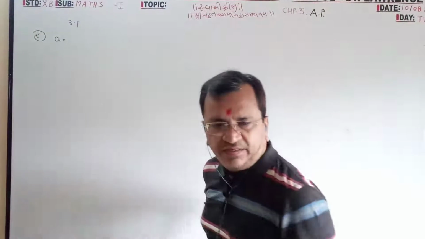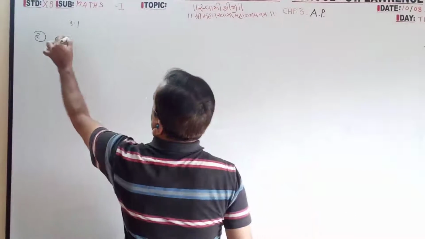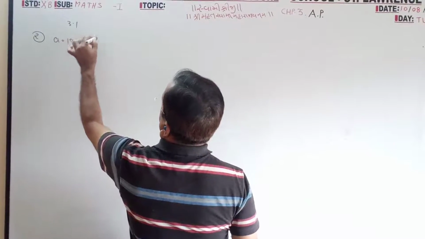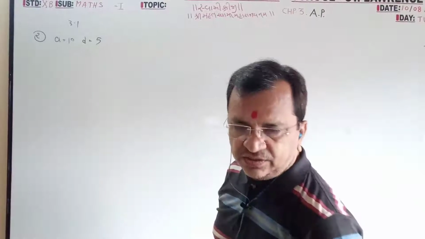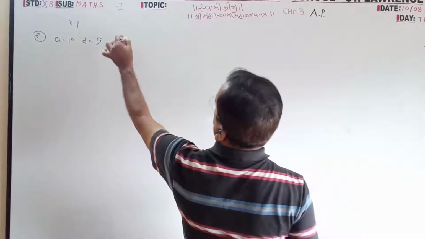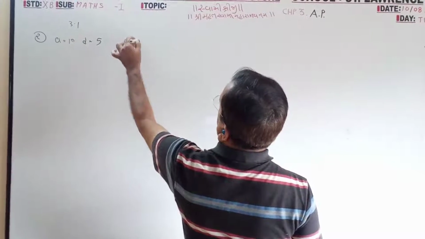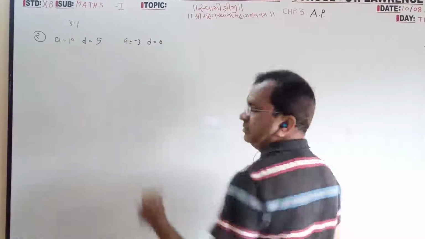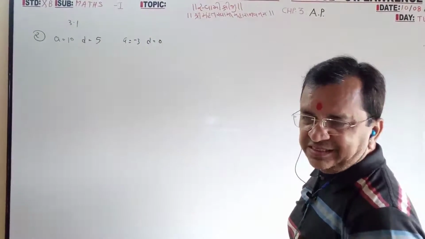A is given 10, D is given 5. Minus 3, 0. 7.5.